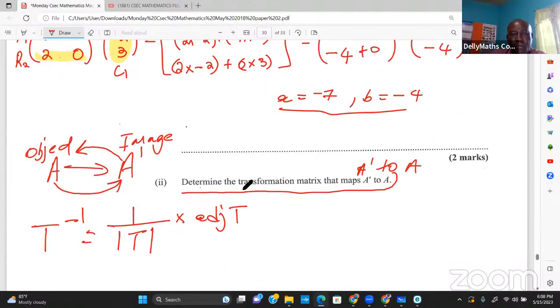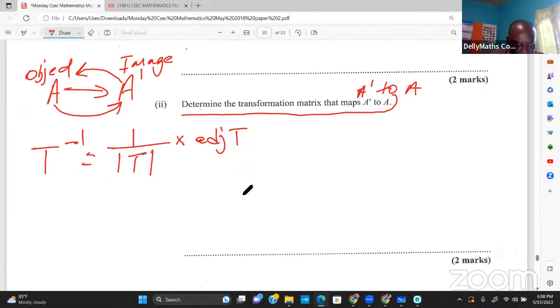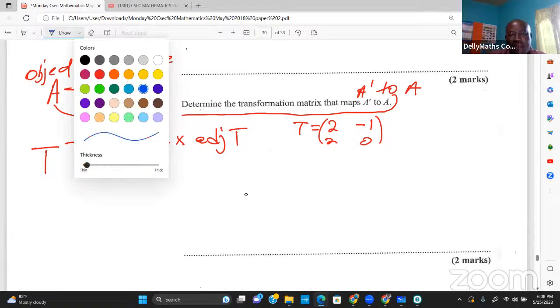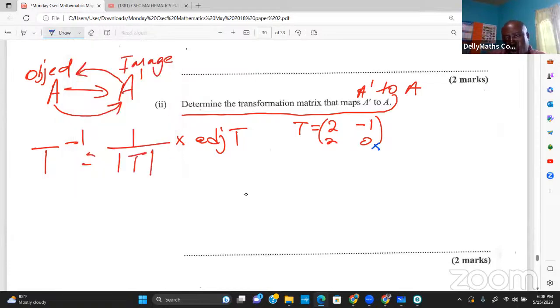Good. All right, so here's the matrix T. It's 2, -1, 2, 0. We're gonna do the determinant of that, and please be reminded that it's the product of the main diagonal minus the product of the other.